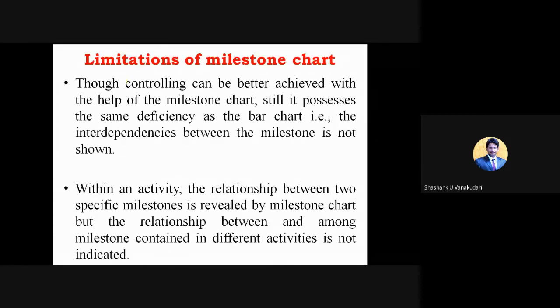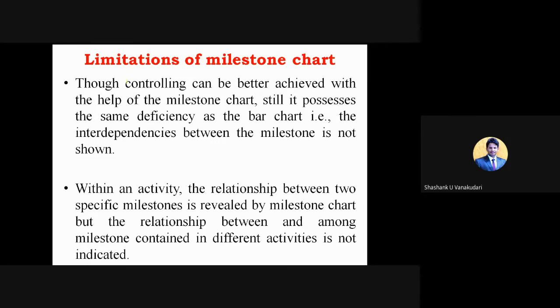That is, when the number of main activities is large, it is again a difficult task, because here also we can't see any interdependency between one activity and another, I mean, one activity which is dependent on another activity. That part also we cannot show by using this milestone chart, and that is also one main limitation.